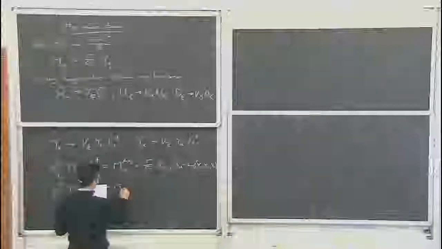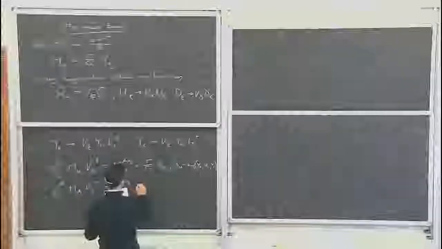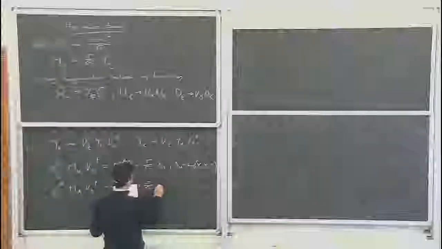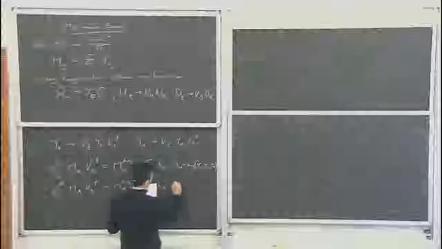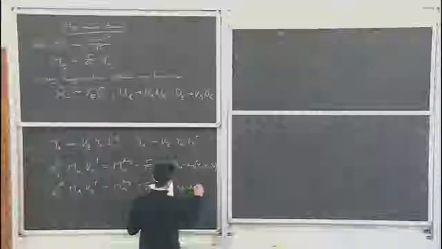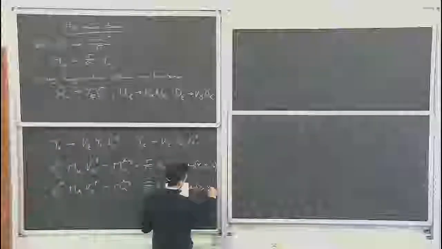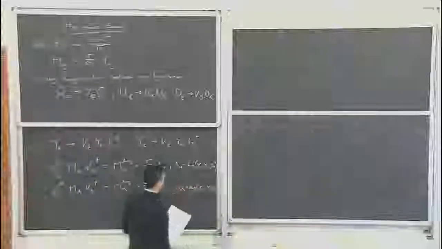Again, I require this to be a diagonal matrix, which I can write then as v over square root of 2 times lambda_d, where again lambda_d has the diagonal entries y_d, y_s, and y_b.